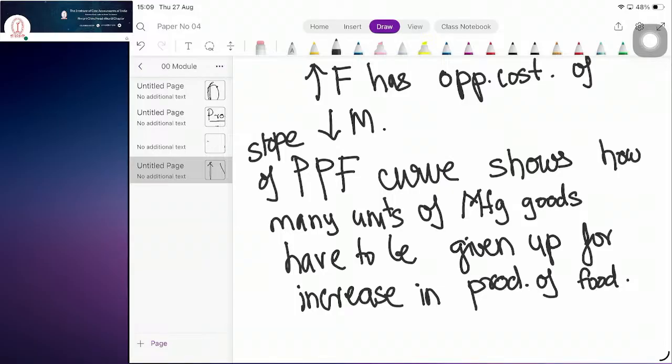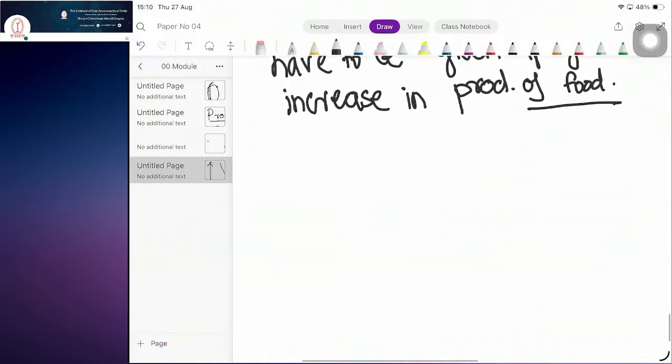The slope of the production possibility frontier curve shows how many units of manufactured goods have to be given up for an increase in production of food. So geometrically this is what it means.